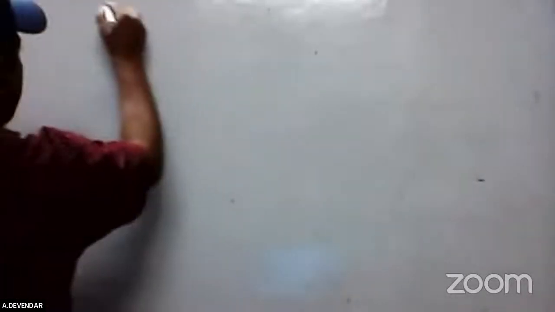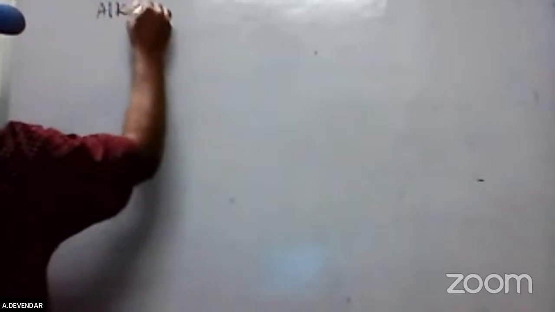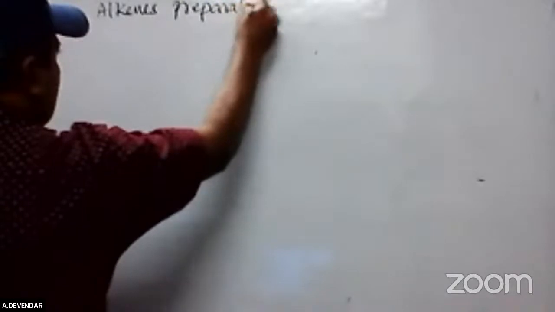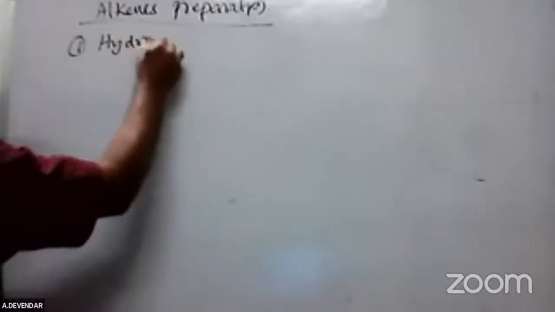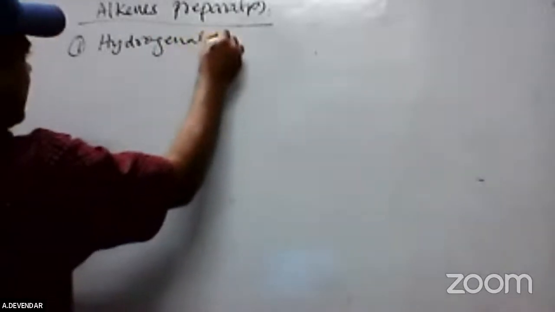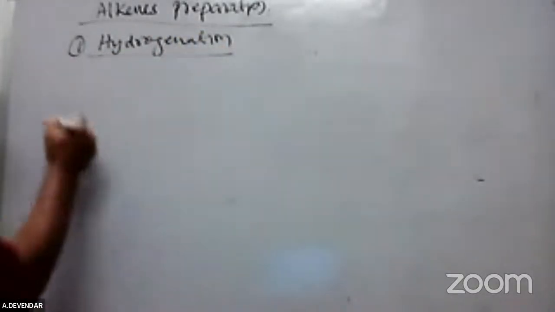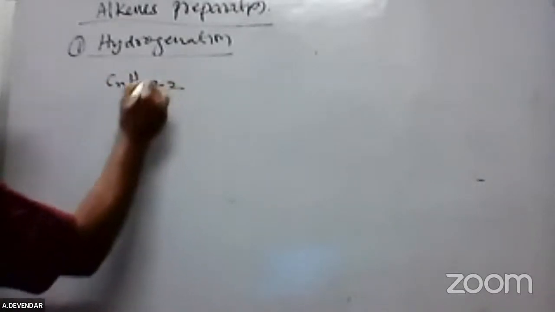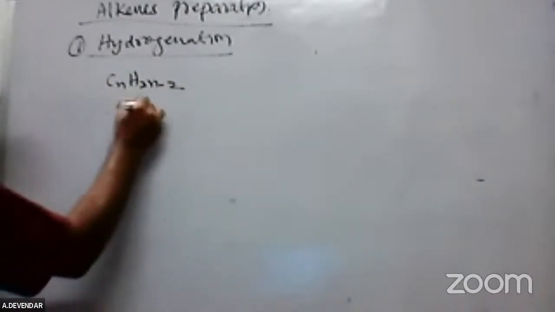Now for the preparation of alkenes, the first method we already know, to easily write, is hydrogenation. Yesterday I told you this is the first one. What is hydrogenation? An unsaturated hydrocarbon, CnH2n minus 2, is nothing but an alkyne.